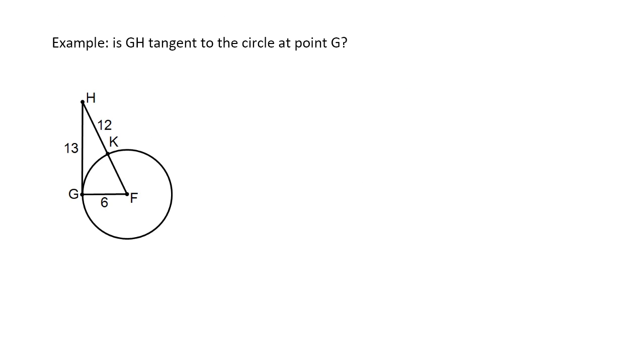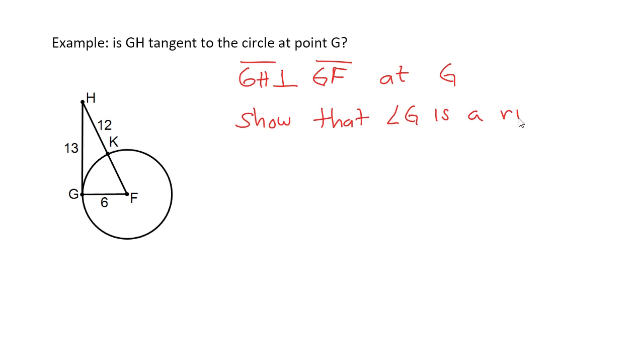So here's an example. Is GH tangent to the circle at point G? What does that mean? Well, it means that we have to show that segment GH is perpendicular to segment GF at point G. In other words, I need to show that angle G is a right angle.